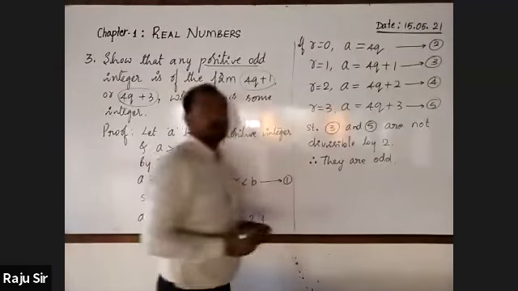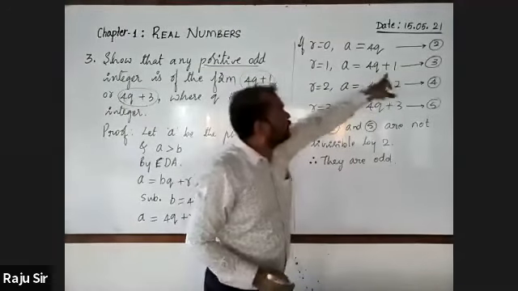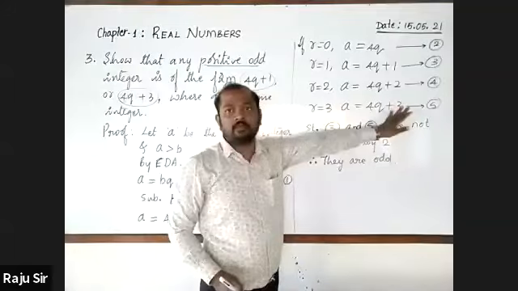They are 4q plus 1 and 4q plus 3. Hope that you all have understood.